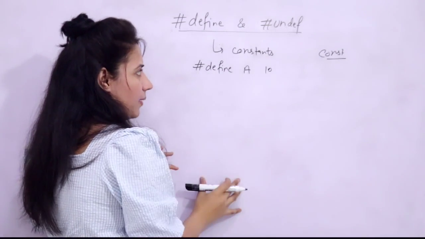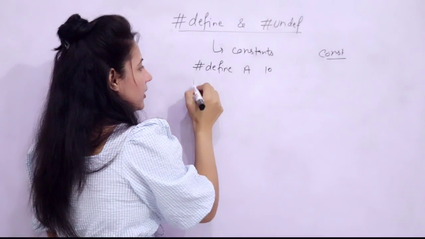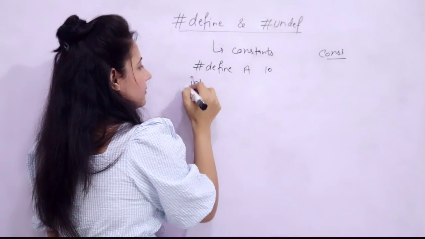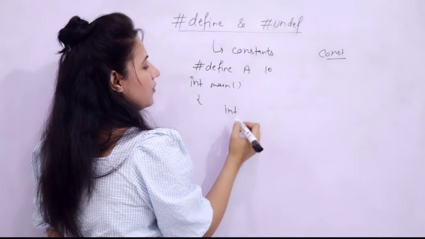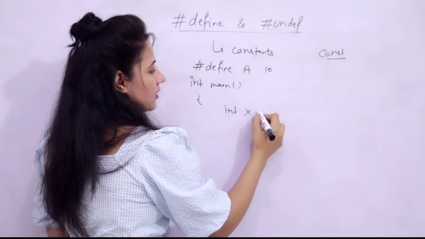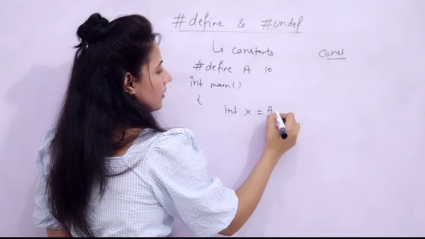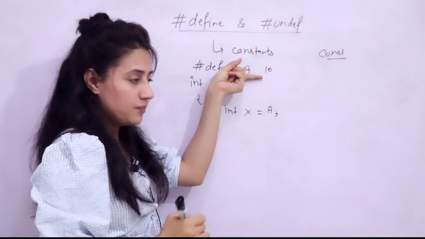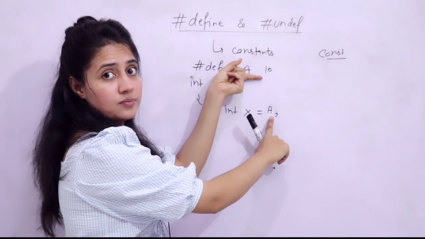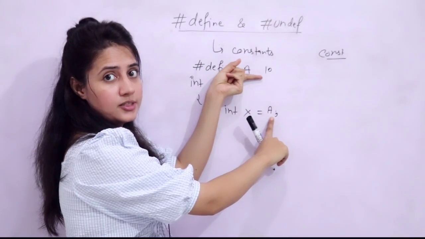Now whenever in a program I use this a, it would be replaced by this 10. In the main function, suppose I write another variable, int x, and I write x = a. If you don't define this constant here, this is not possible, because the right side should be an integer constant.